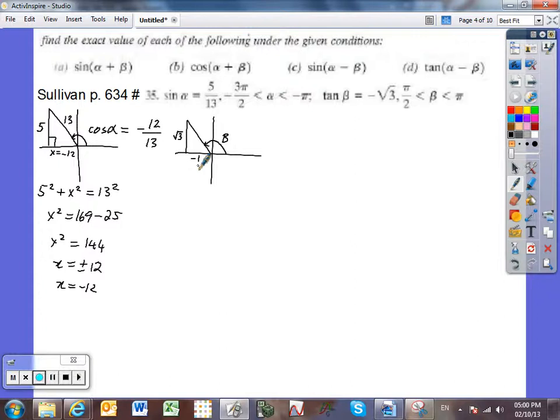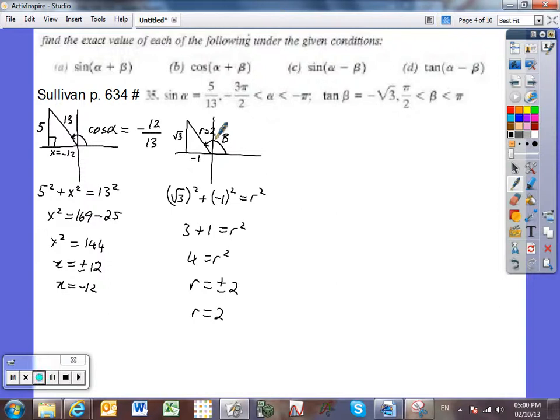And then a little bit of Pythagoras. This is r. We know that root 3 squared plus negative 1 squared is r squared. This means that r is equal to plus or minus 2, but of course r is a distance, so r must be 2.